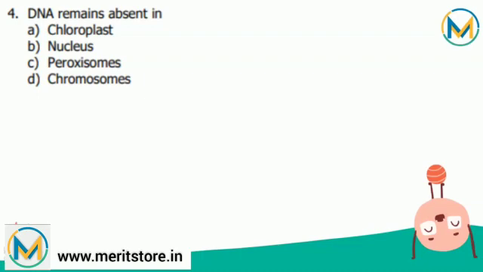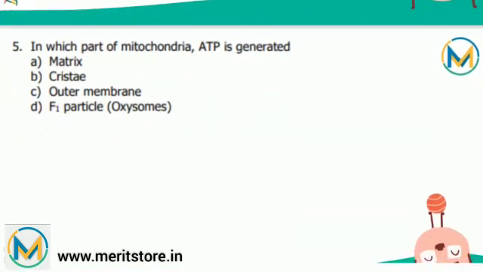Peroxisomes do not have DNA. DNA is present in the nucleus and some cell organelles like chloroplast and mitochondria. So the correct answer for this question, where the DNA remains absent, is peroxisomes.